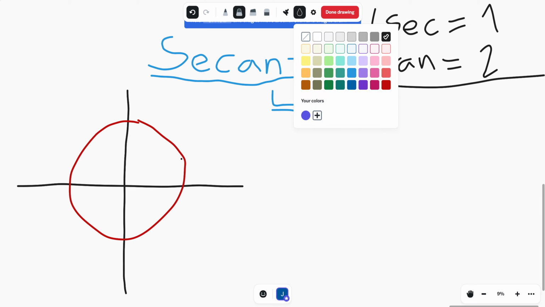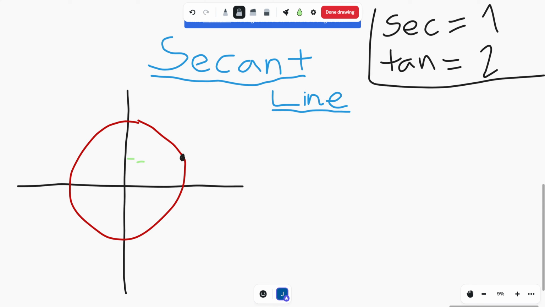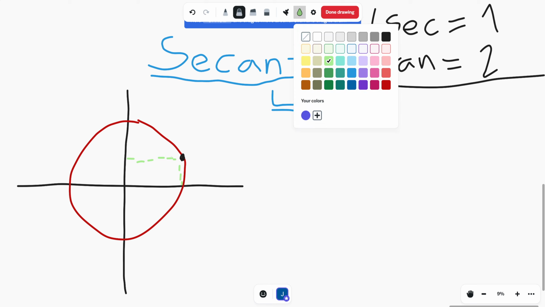To find the slope there, I would need to know the rise and the run, but it's very hard to calculate that because it is not linear. So this is where secant lines come into play.